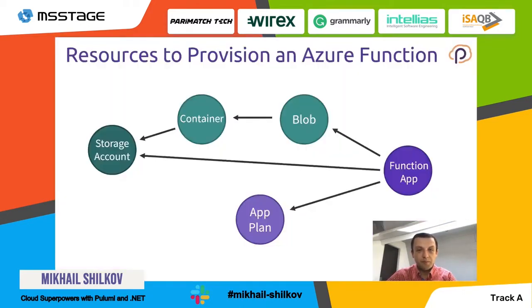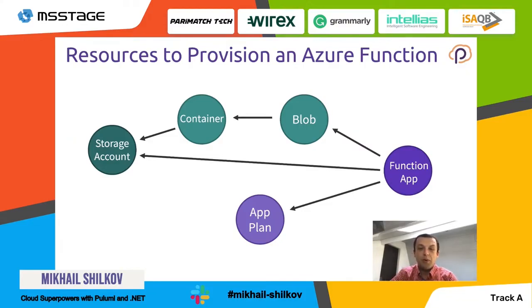So for example, in order to deploy a simple Azure function, hello world function, it's sort of similar to my previous example, but you have to deploy a storage account because that's required for function app. You need to deploy your binaries of that Azure function to a storage container in a blob.